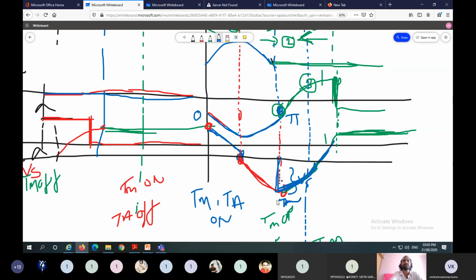This time period is mode 1, and this time is T1. After that, this mode is taken as mode 2, and this time is taken as T2.